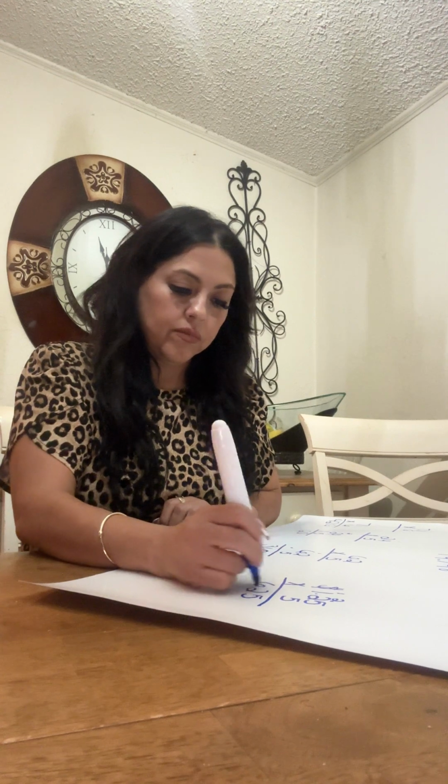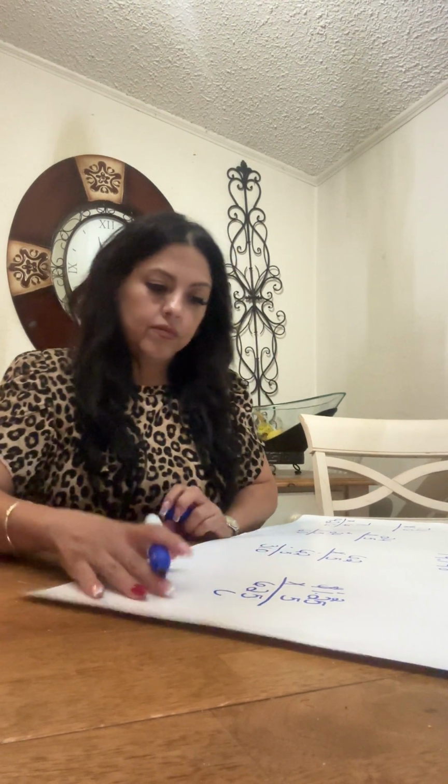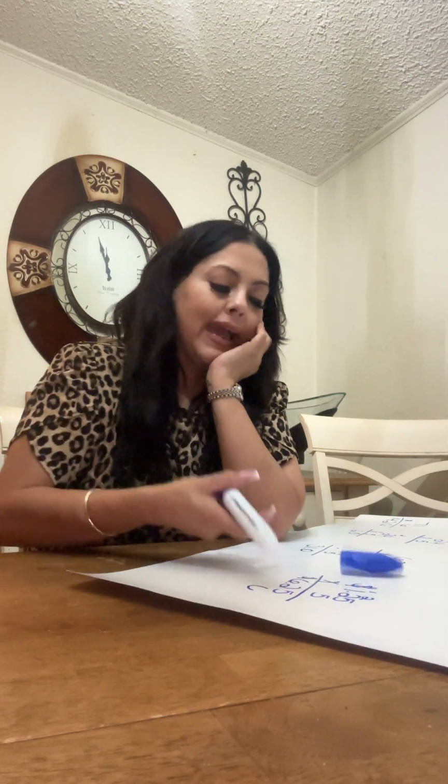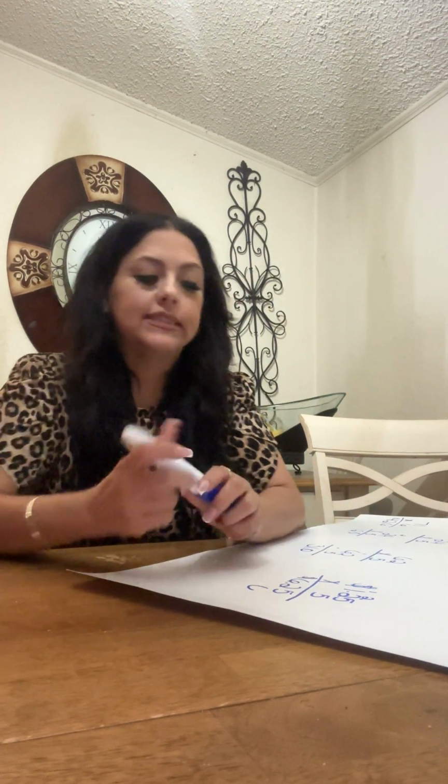Okay, I got 6.25. Perfect. And why was it 6.25 instead of it being 62.5? Can you tell me why?